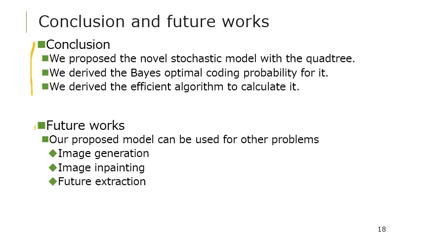And as the future works, our proposed model can be used for other problems, for example, image generation, image painting, and parameter estimation may work as feature extraction. Thank you very much.